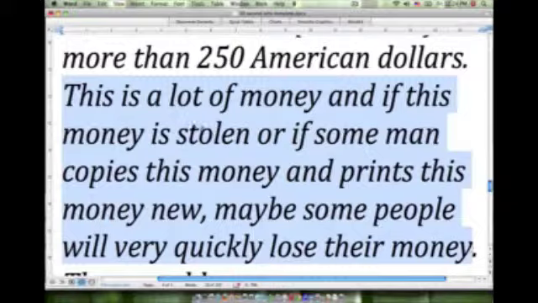Let's keep some ideas though. The student mentions if the money is stolen or if the money is copied. So for example, if the money is counterfeited, if copies are made and distributed, then people could lose money quickly. And that's only because the denominations of money are very high.